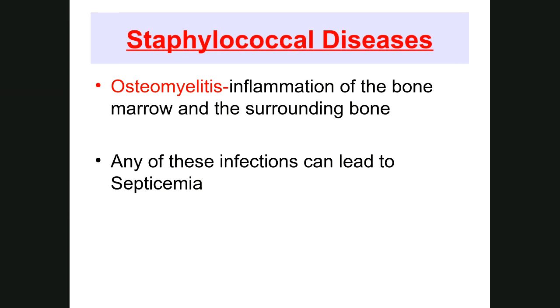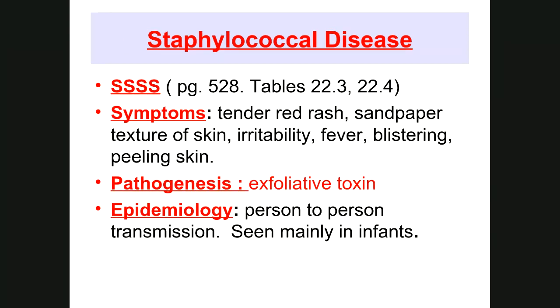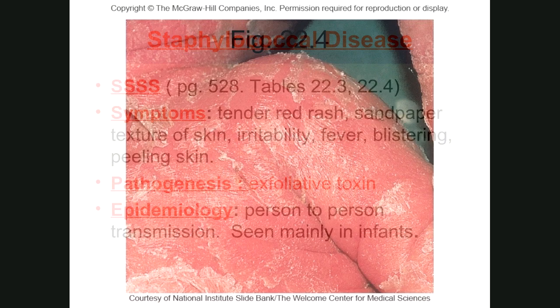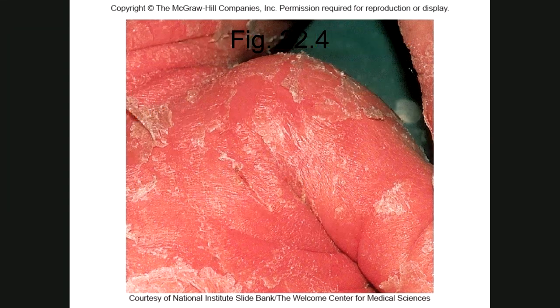We mentioned also the staphylococcal scalded skin infections, and that is due to the exfoliative toxin, which is present in some Staphylococcus aureus strains. These kinds of infections are especially common in young children, so oftentimes we see them in hospital nurseries. And the exfoliative toxin is going to exfoliate the skin, causing it to peel away.